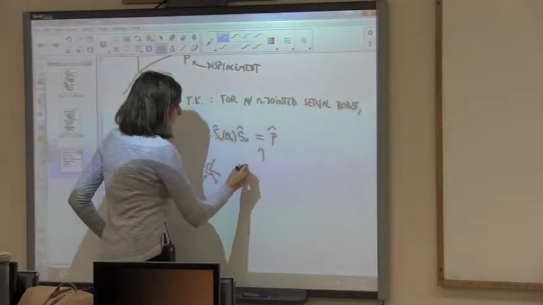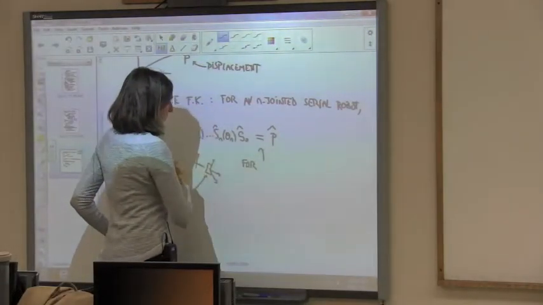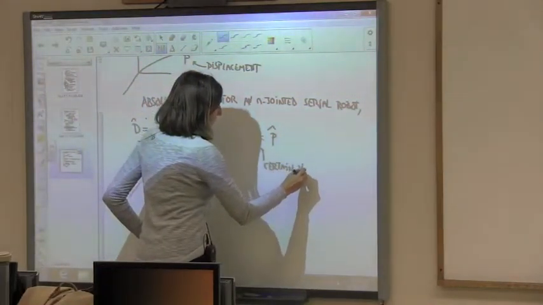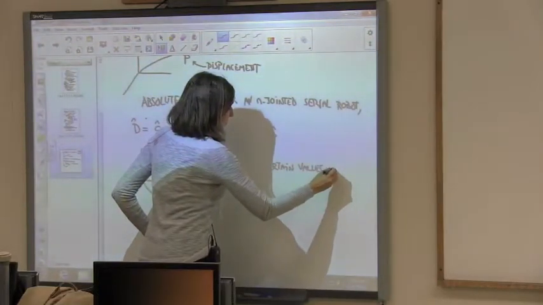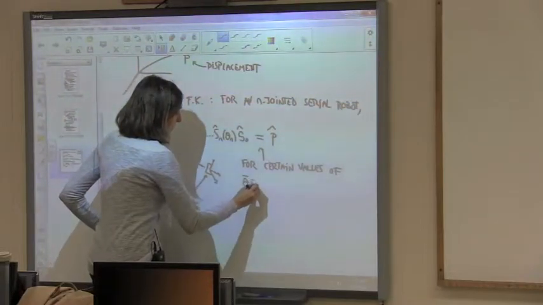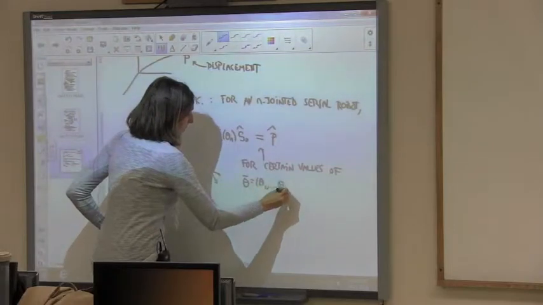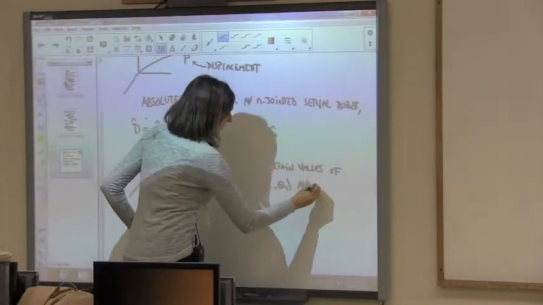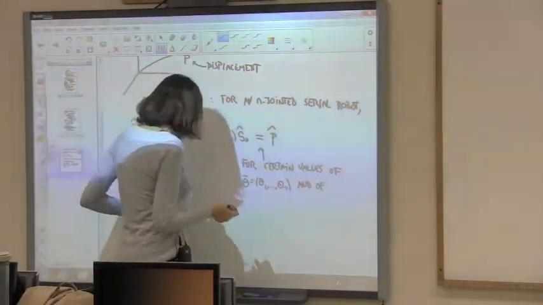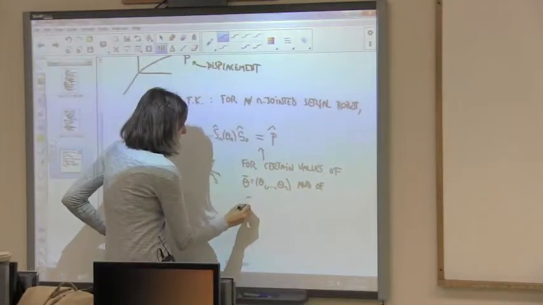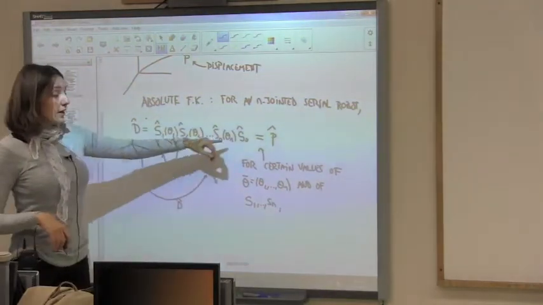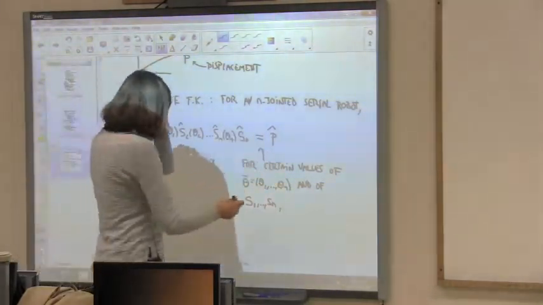So we want, for certain values of the angles theta 1 to theta n, and of the joint axes, that means where the joint axes are located, and those are the Plucker coordinates of the axes S1 to Sn, this serial chain to be able to perform that displacement.